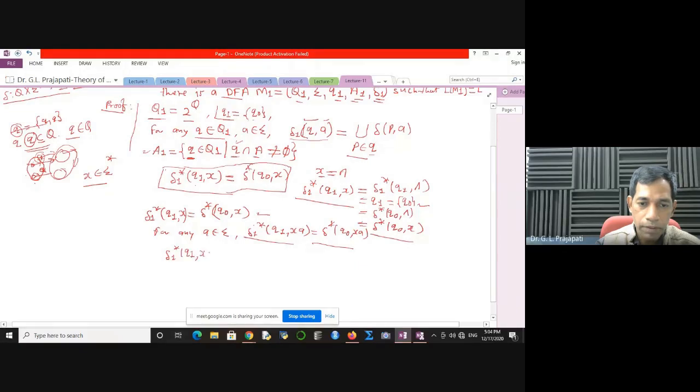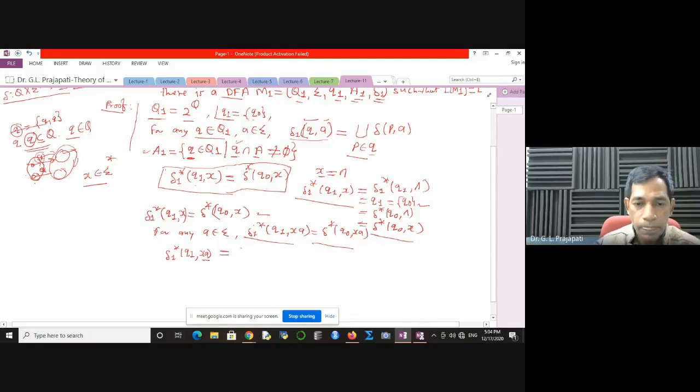If you are at the state Q1, where delta 1 is the transition function of the DFA, and you have the string xa, how can you define it? By the definition of delta star in case of the DFA.